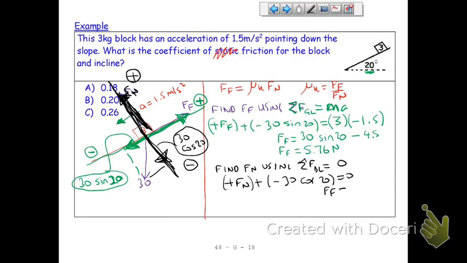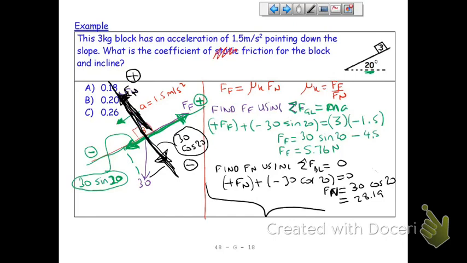So Fn is equal to 30 cosine 20, which is equal to 28.19.